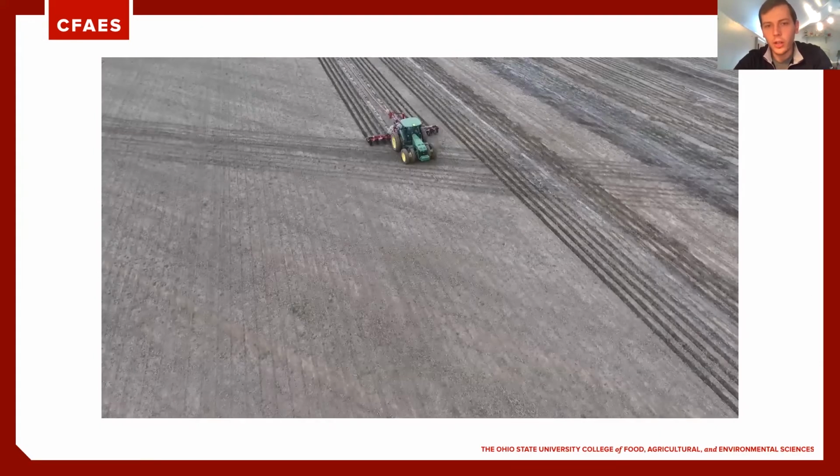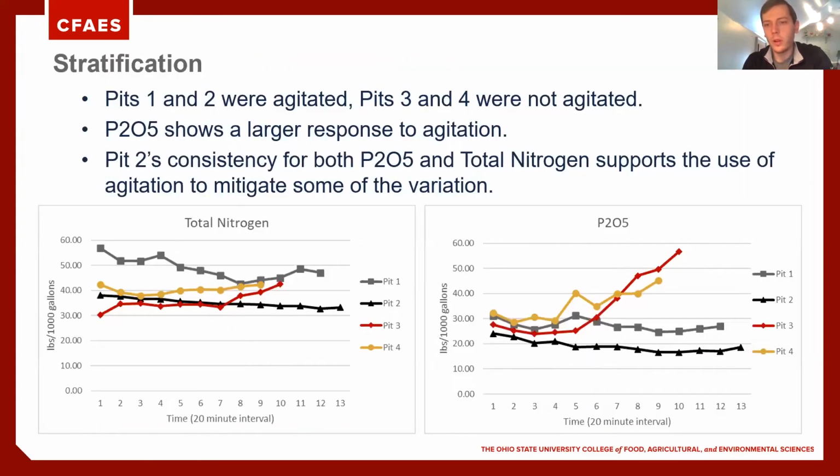I think we're going to start here with the samples that we took concurrent with the application. Something to keep in mind here is that pit 1 and 2 were agitated. Pit 3 and 4 were not. You can see the difference in what agitation did.